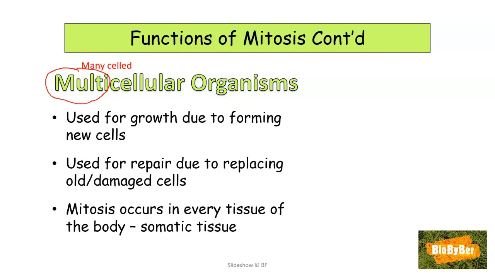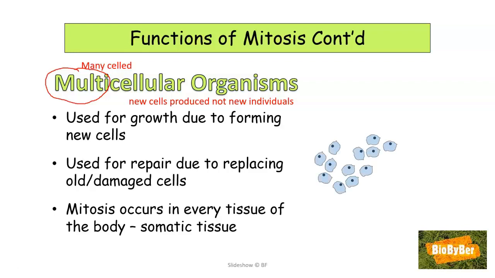Mitosis is used for growth in multicellular organisms because new cells are formed. New cells are produced, not new individuals. You might recall that an organism begins life as a single-celled zygote, which divides by mitosis, producing a multi-celled organism.